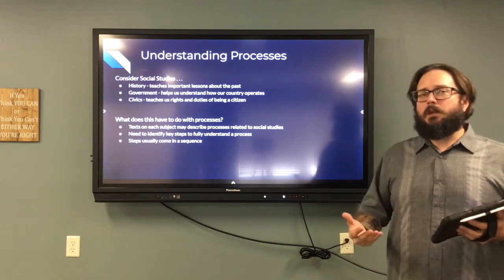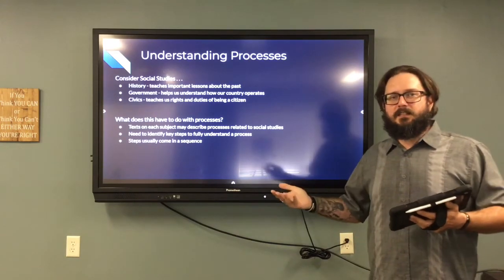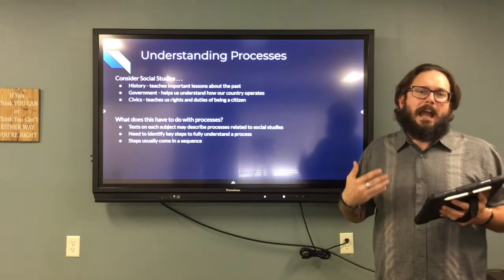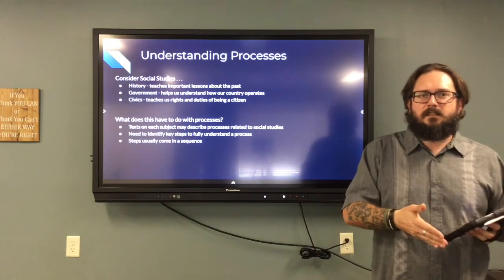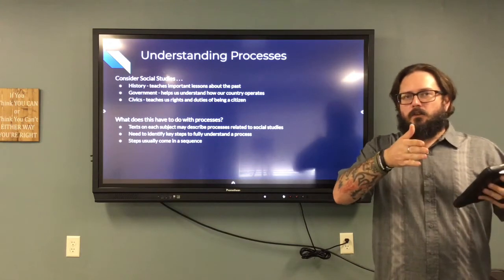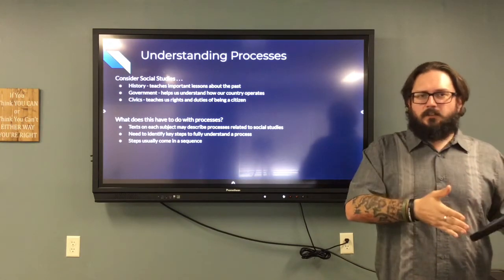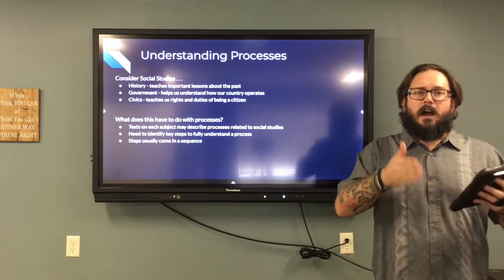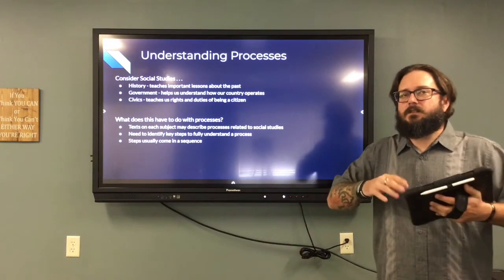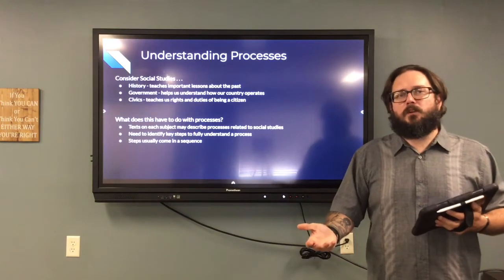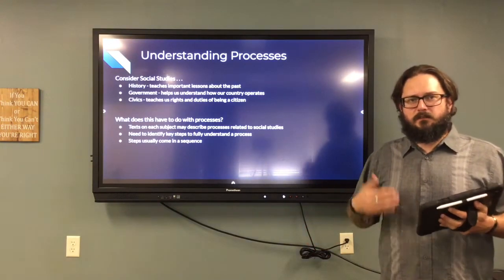For example, we may see in a government text the process for how a bill becomes a law. What steps are taken for a particular bill to finally get passed into law? That is a great example of a process within social studies.